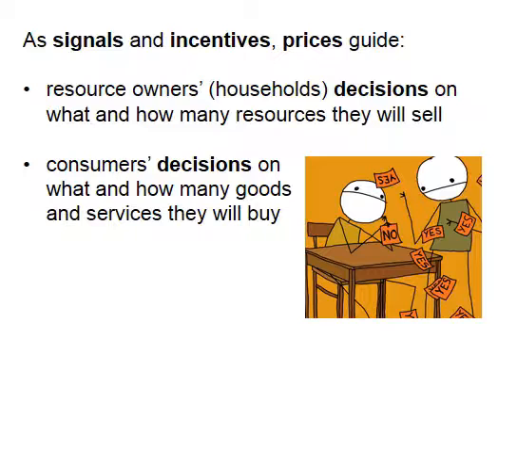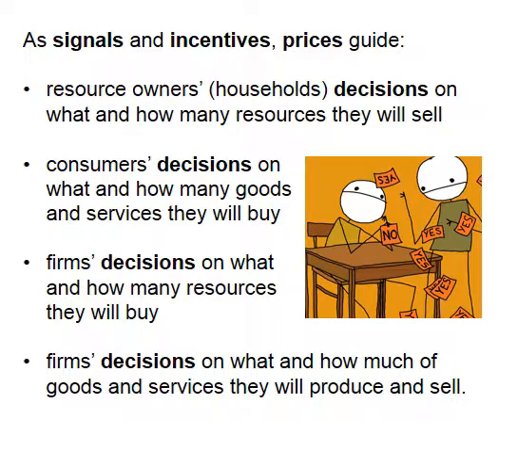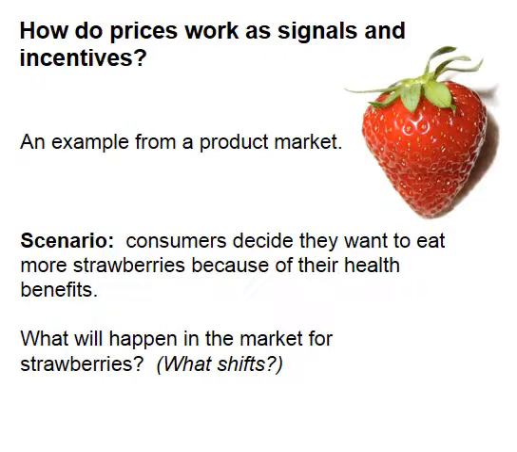Prices also guide consumers' decisions on what and how many goods and services they will buy, and firms' decisions on what and how many resources they will buy, and firms' decisions on what and how much of goods and services they will produce and sell.